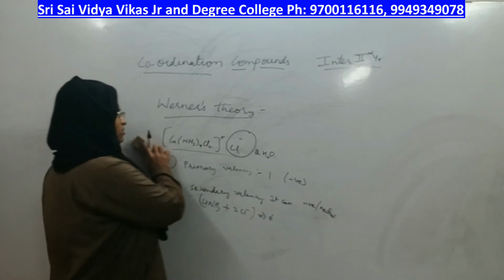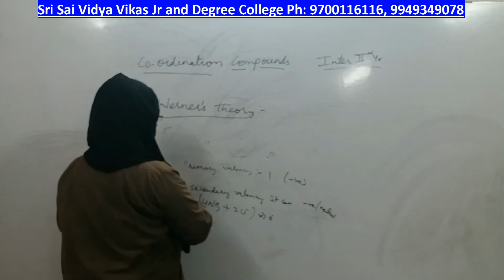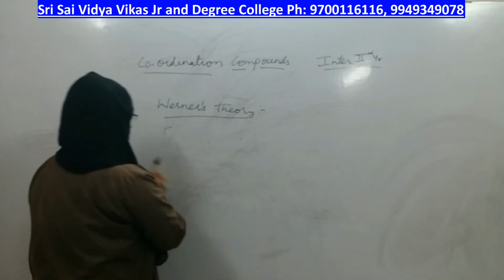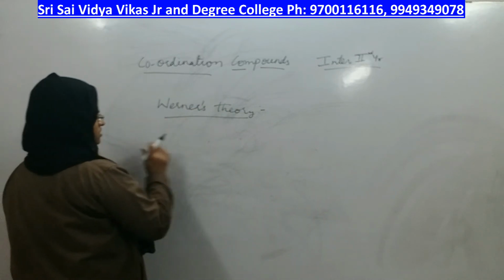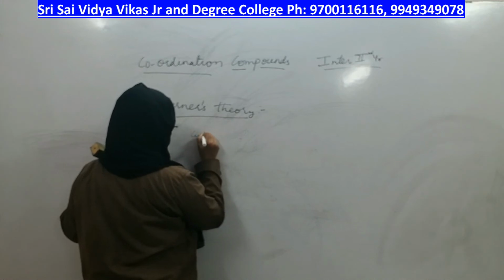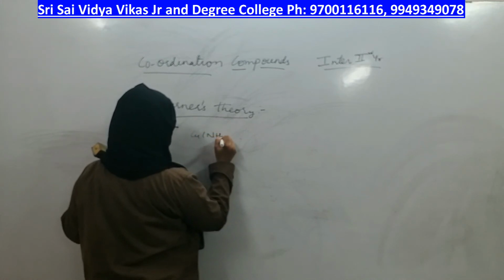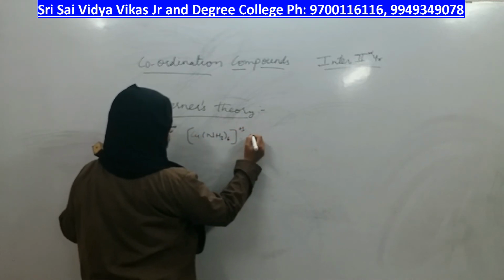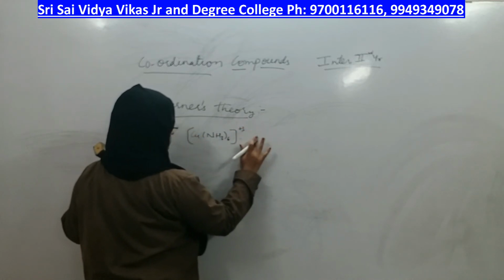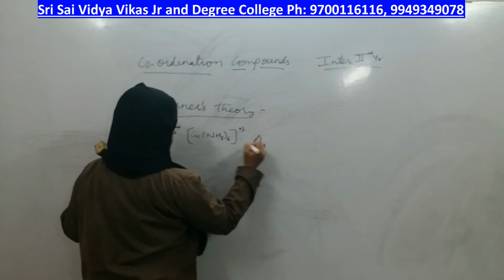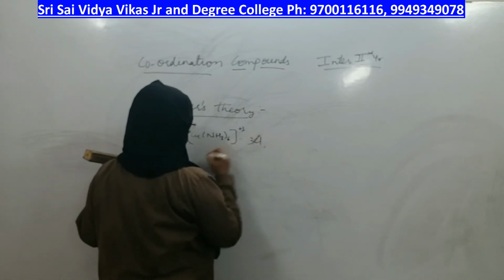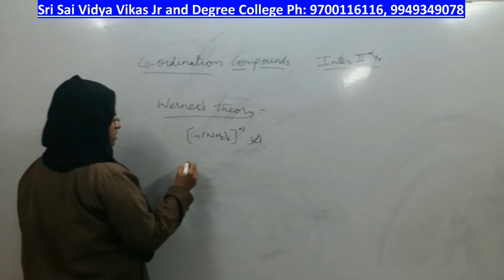So now let us look at 3 different complexes in which primary valency is changing. Or 3Cl. This is one complex.